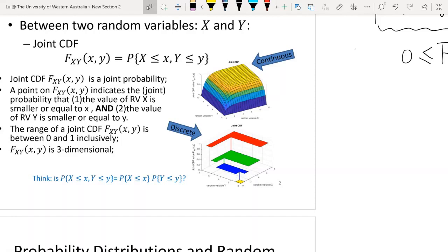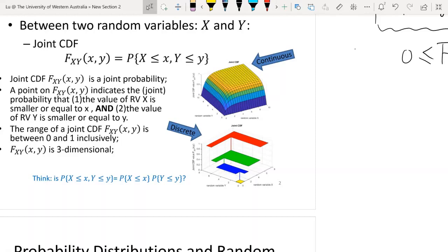There is another important property, which is not given in the slide, but remains the same as what we introduced in the single random variable case. Can you recall that in the single random variable case, the CDF function must be a non-decreasing function? This feature remains true in the two random variable cases.